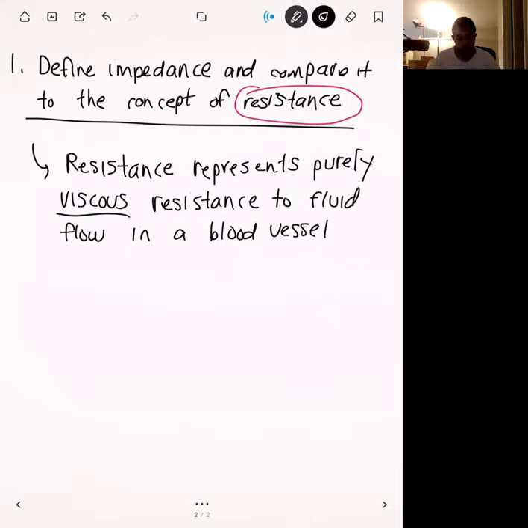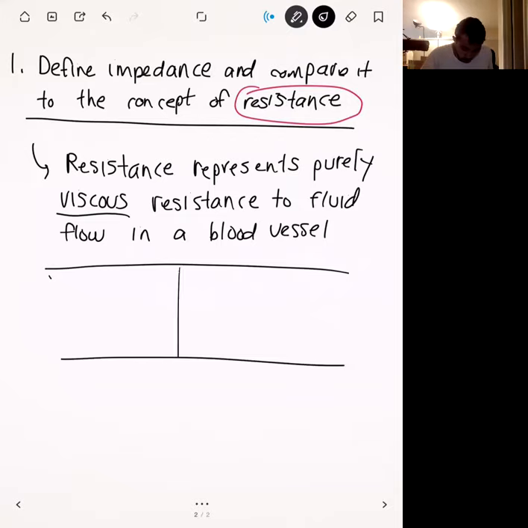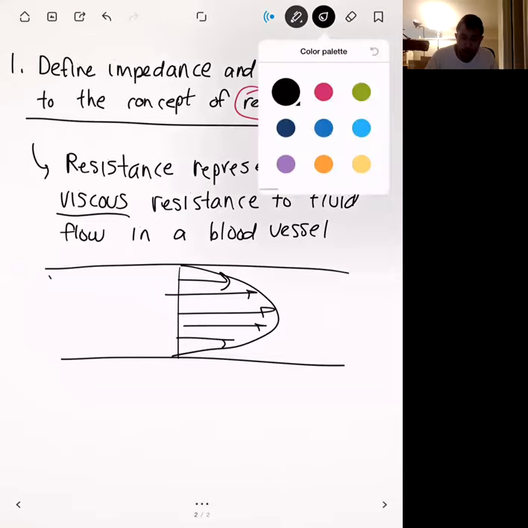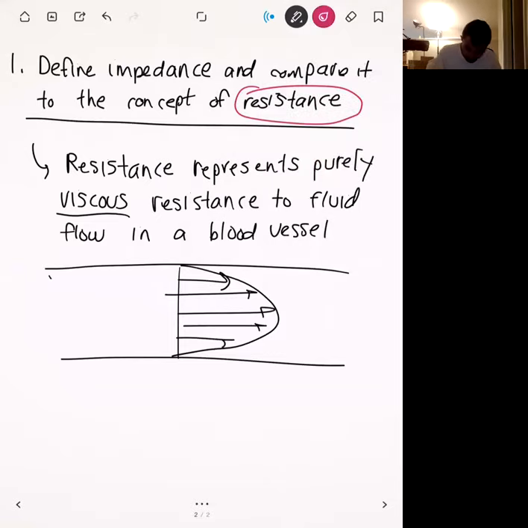This idea came from the fact that we know that as blood flows into a tube, or any fluid actually, so this is relevant for any fluid, not just blood, there are going to be viscous shear forces that pull the fluid back.